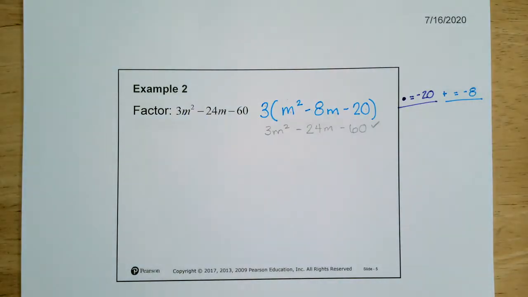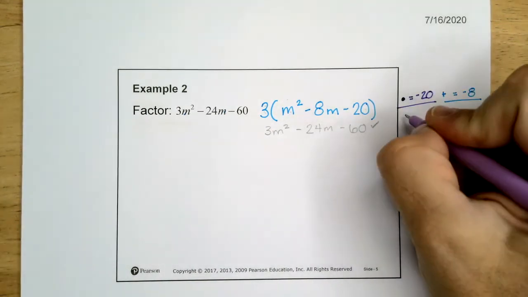Now let's think about this. We have a negative product and a negative sum. So a negative product can only come from one positive factor and one negative factor, right? To get a negative answer, I have to multiply one positive times one negative. So it's kind of like doubles all of my choices.